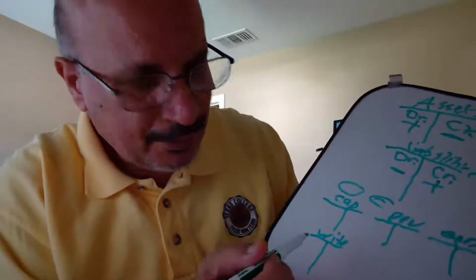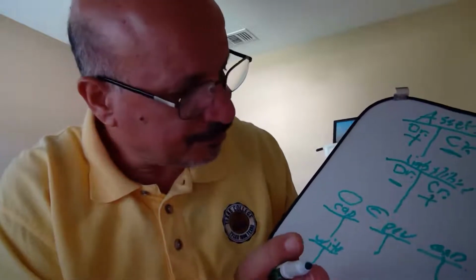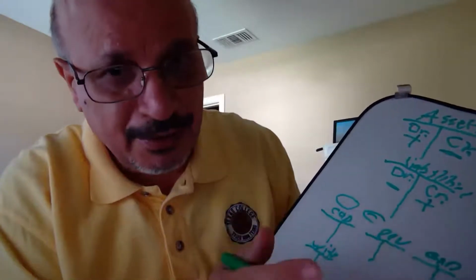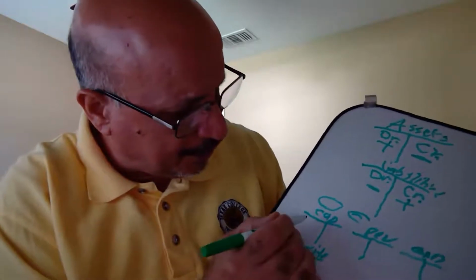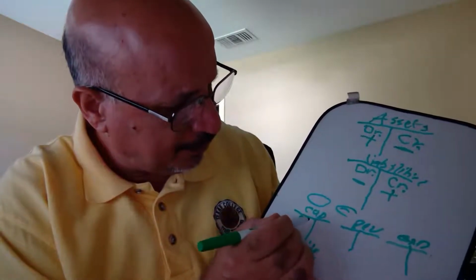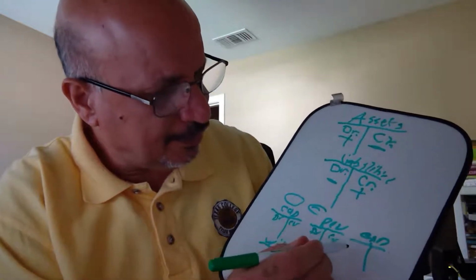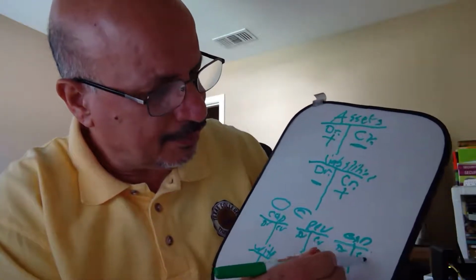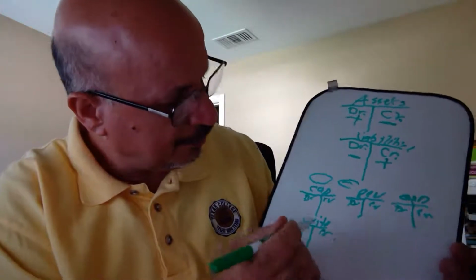Capital is treated like revenues, and treated like liabilities too. Let me just put debit, credit, for each of these.